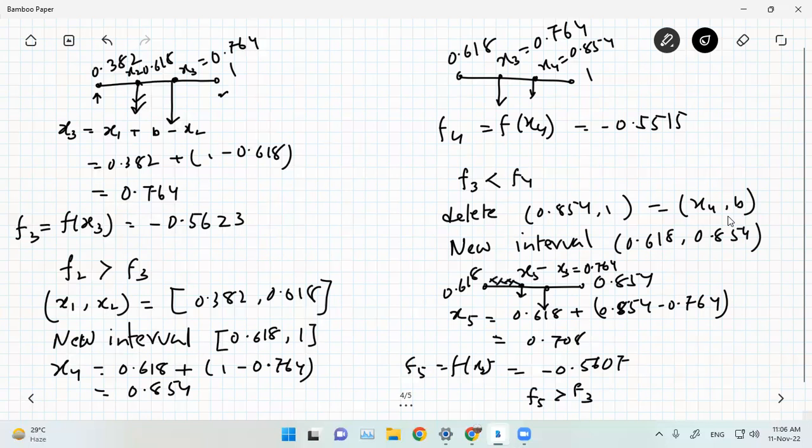So our final interval will be 0.708 to 0.764. So this is the golden section method. And as you have seen, how many steps you want to go actually depends on you.